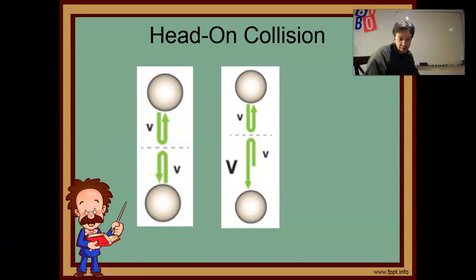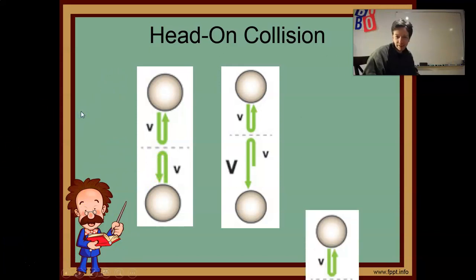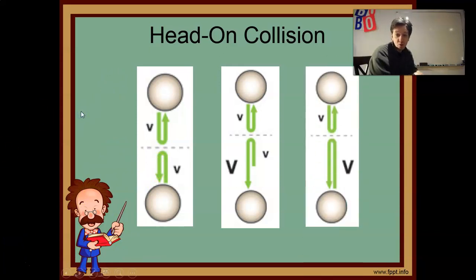Okay, and then we look at our last scenario, where we've got one ball moving down at a small speed v and one ball moving up at a large speed v. And when they collide, they move apart at the same speeds that they started with. So the fast one's still moving fast and the small one's still moving slow.